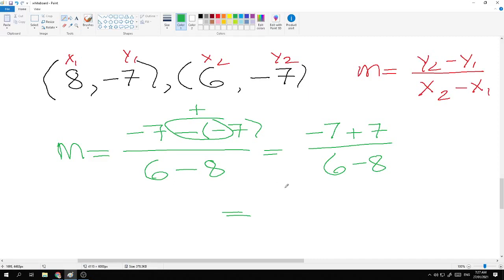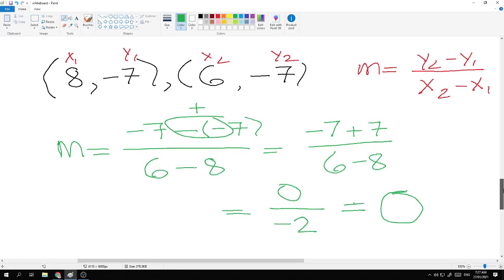So 0 over negative 2. Is this undefined? No, sir. 0 divided by any number is 0. So if the numerator is 0, automatically the answer is 0.